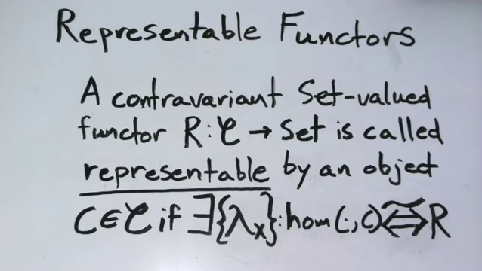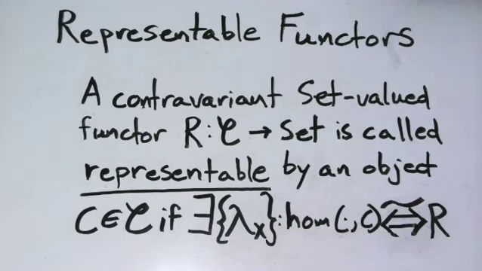And the contravariant home functor simply represents how all of the objects of the category interact with one single object, this fixed object C. So you're basically saying I can reduce all of the transformations of R down to simply the interactions of the category with a single object in that category. And so oftentimes that's going to make it much simpler to understand.